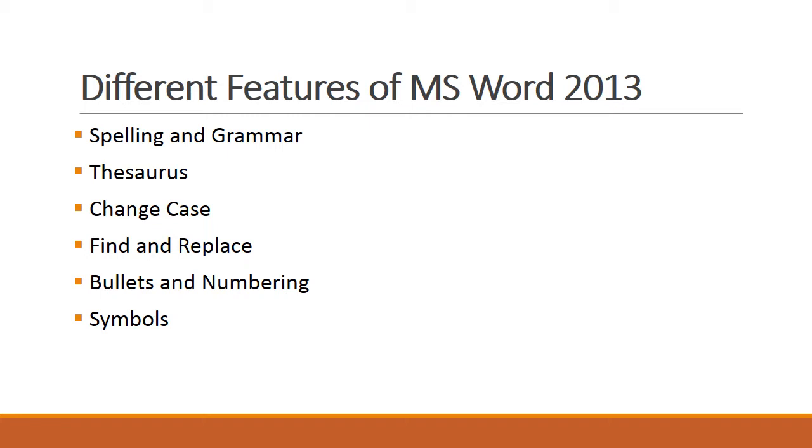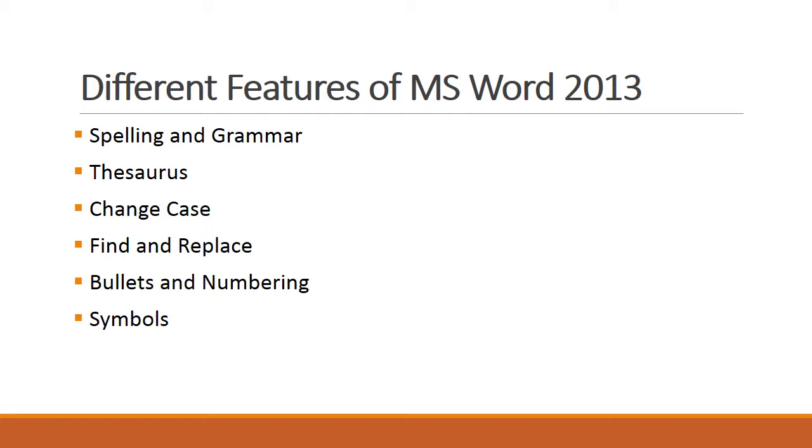The next one is change case, like lowercase and uppercase. The next one is find and replace. Find and replace tool is very helpful to find something in the document, and replace is actually used to replace a word by the other word.